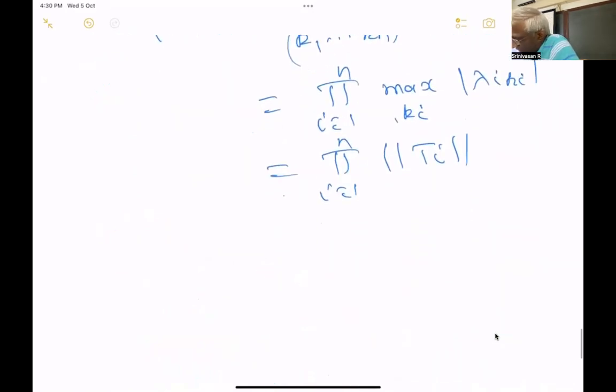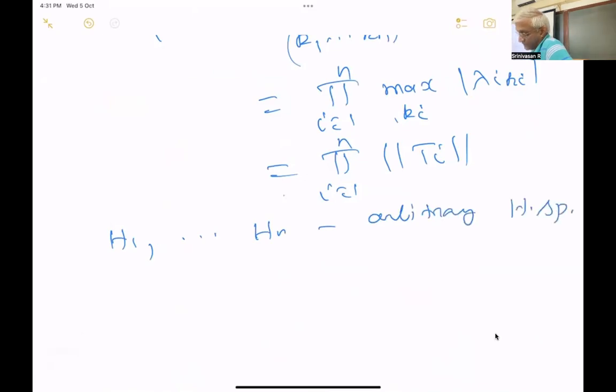Now let H_1, H_2, up to H_n be arbitrary Hilbert spaces. Maybe I should have written it as a lemma, but the finite dimensional case will follow. And T_i is in B(H_i).